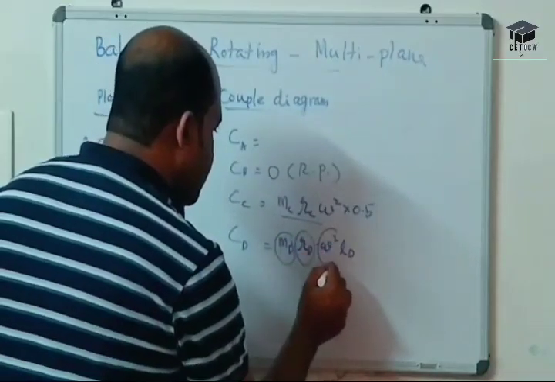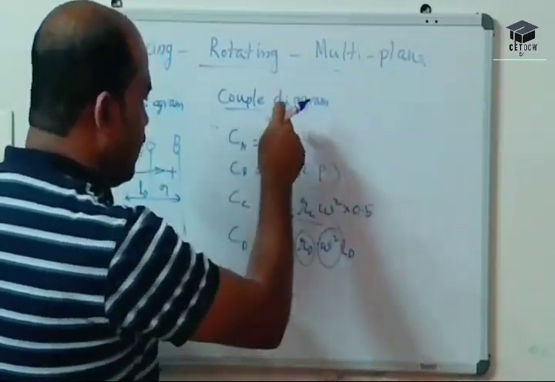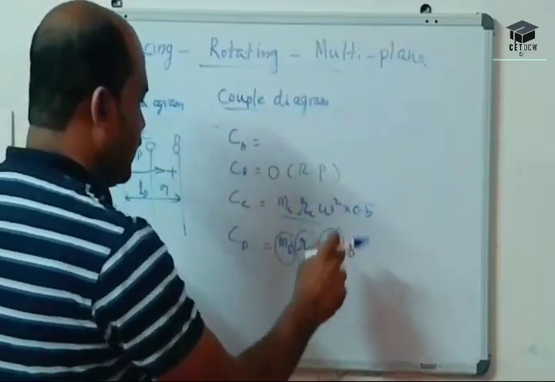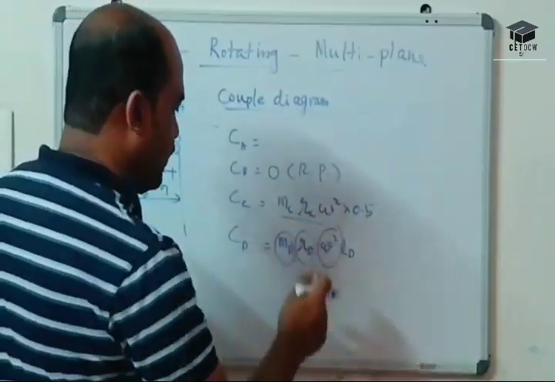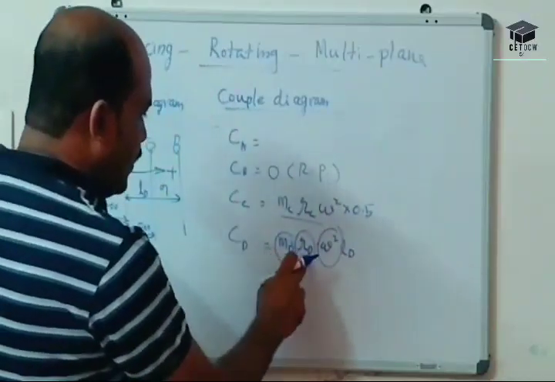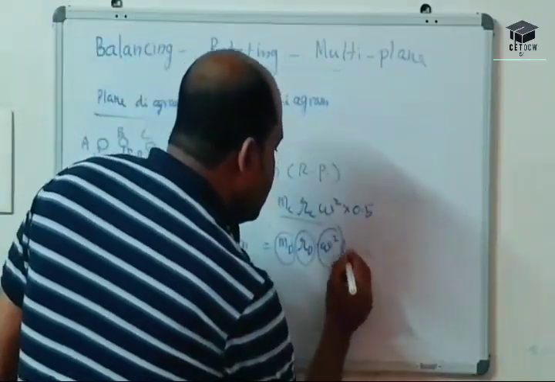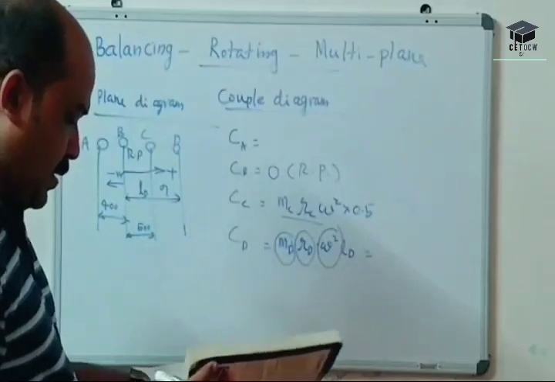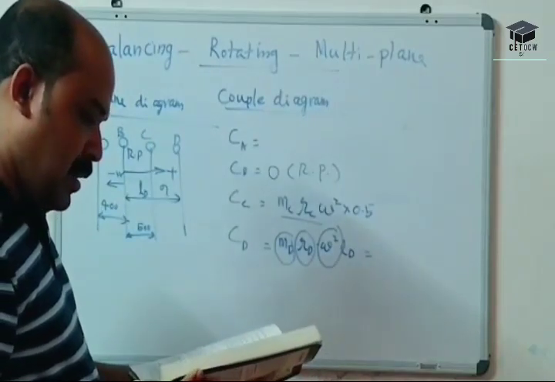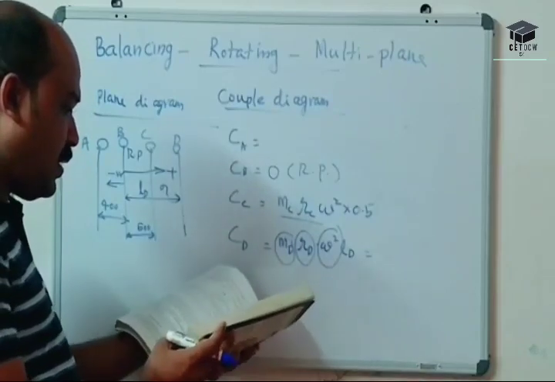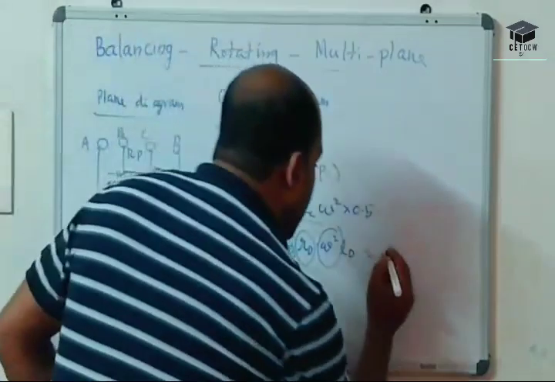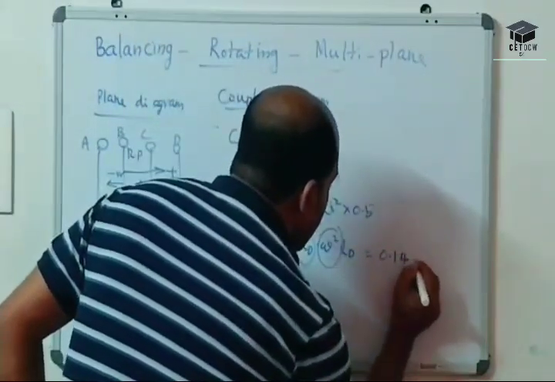Since there is omega square on every vector, you can neglect omega, meaning you can take omega as 1. It is the same everywhere. So the only variable is LD. When you multiply the values of MD and RD, you get 0.14 LD.